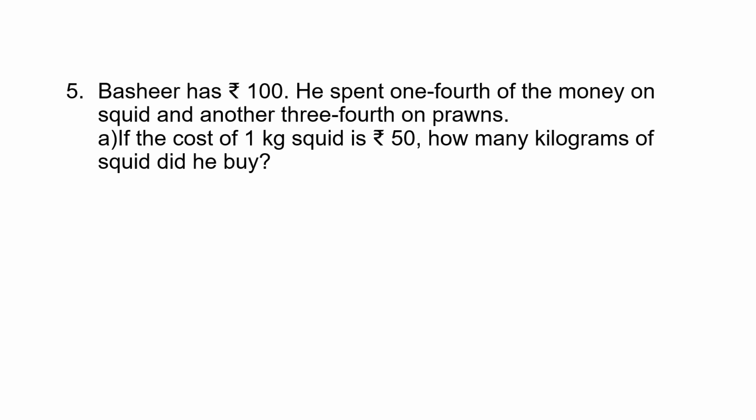Bashir has 100 rupees. He spent 1/4 of the money on squid and another 3/4 on prawns. If the cost of 1 kg squid is 50 rupees, how many kilograms of squid did he buy? Amount Bashir has: 100 rupees.